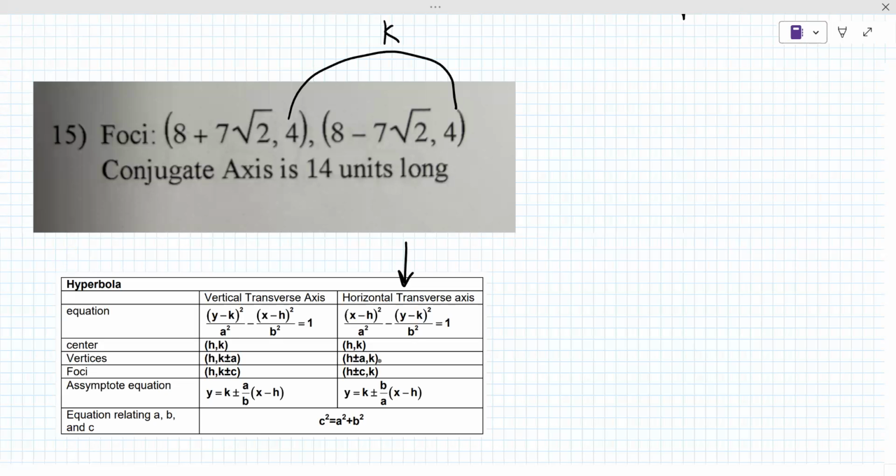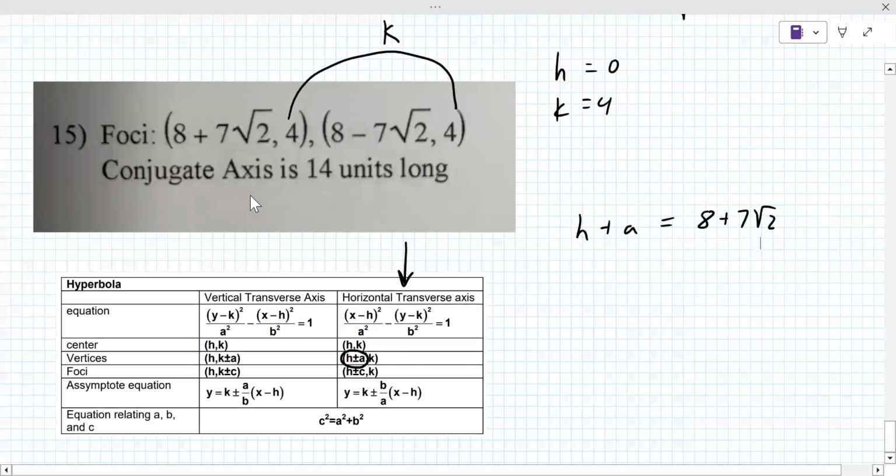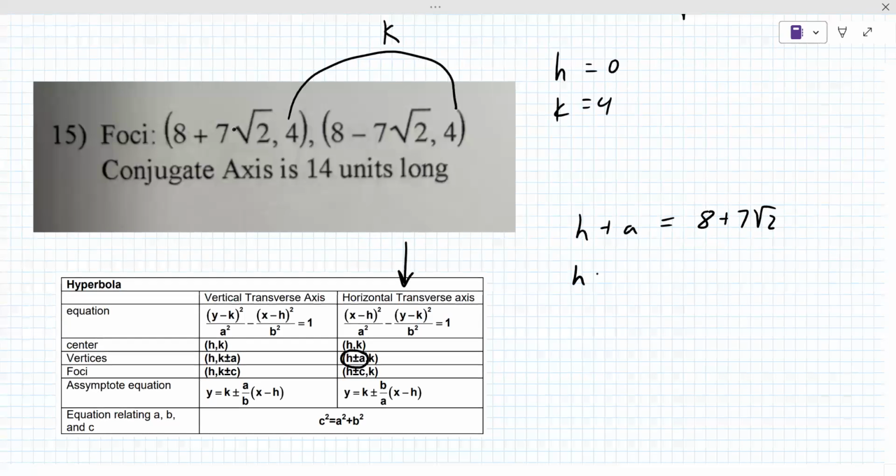All right. So then you go right to the foci equations. You know that K is 4. But this time you're focusing on the H plus minus C. H plus C is the positive one, 8 plus 7 square root of 2, or the bigger one, I should say. H minus C equals 8 minus 7 square root of 2.